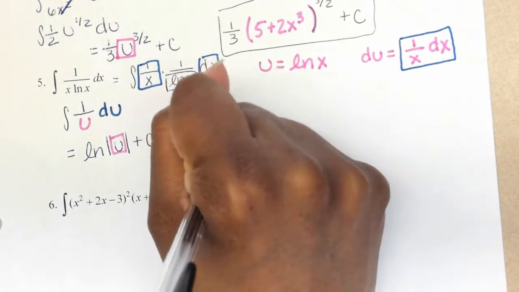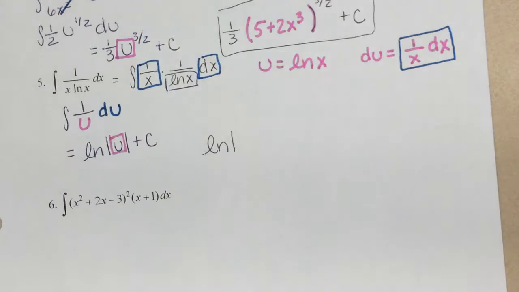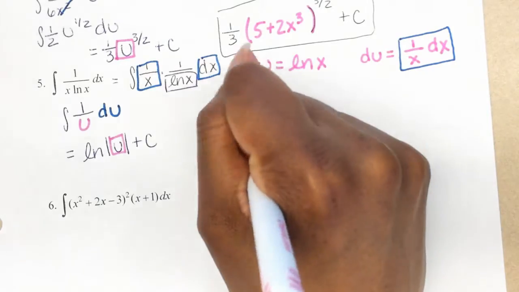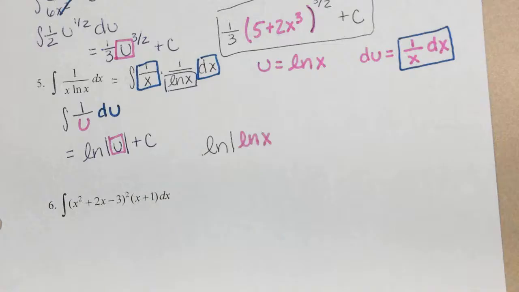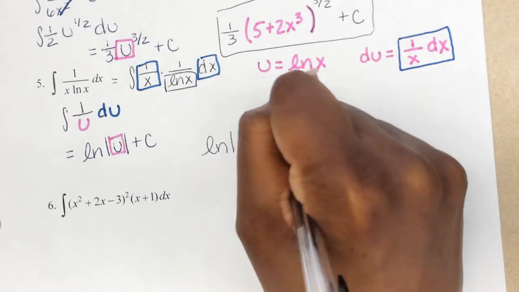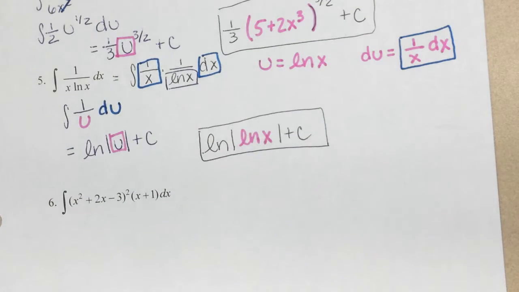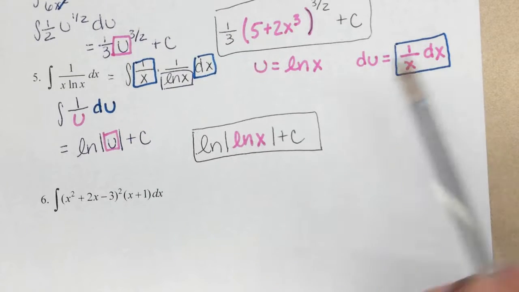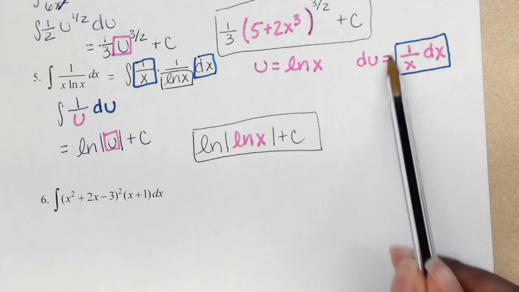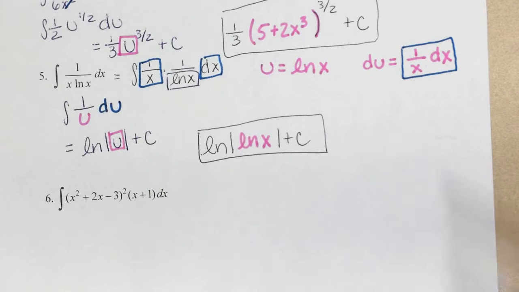So I have ln of ln x plus c. Okay, so that's a little shortcut also, so that you don't actually have to solve for dx if you can see that the derivative already equals the whole extra piece of the antiderivative that you wanted to cancel out.